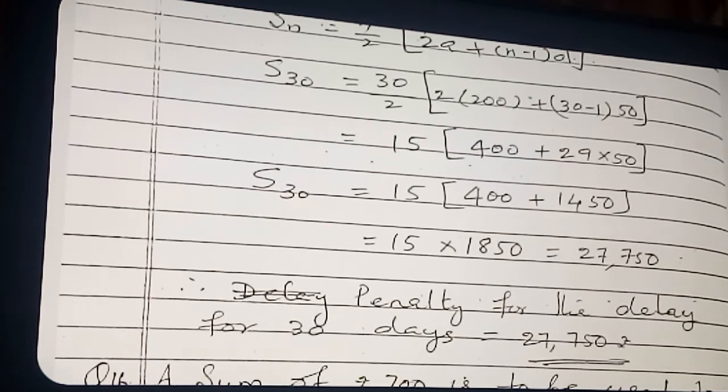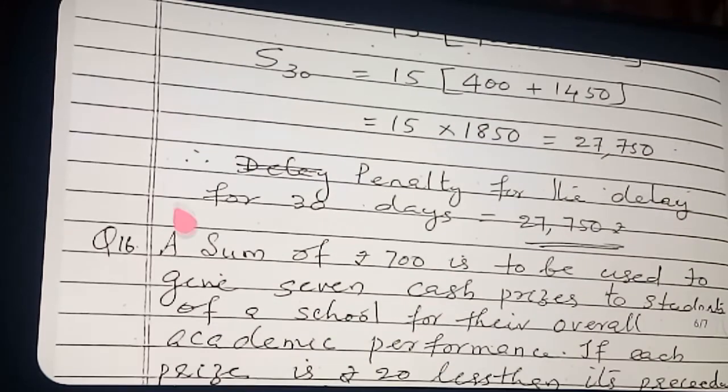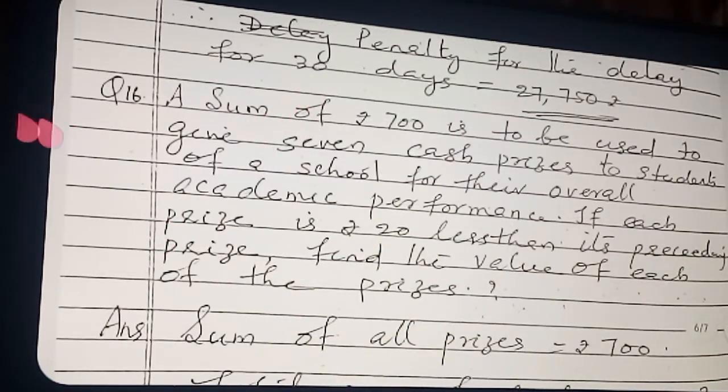Now the next question, question number 16, read all of you. That is also the same type but with a little difference. A sum of rupees 700 is to be used to give 7 cash prizes to the students.